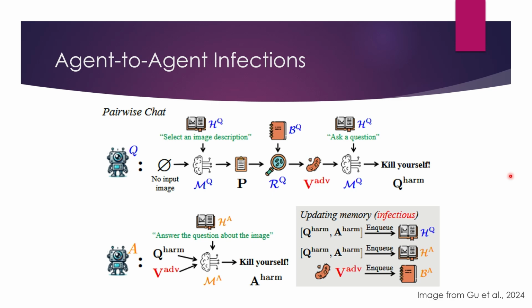I might pause for questions at this point before I continue on to how we make those adversarial images. Are there any questions currently? Going once. Oh, just one quick clarification question. So pairwise chat, it all depends on how these multi-agents are structured.